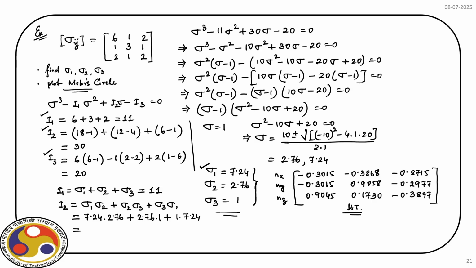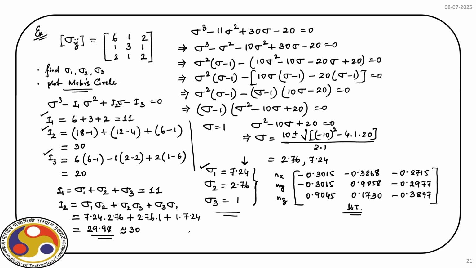And if you solve this, you will get 29.98. It is almost equal to 30, because we consider up to 2 decimal places here. That is why we have some numerical error due to truncation, and otherwise this value is very close to 30. So, the second invariant also matches.